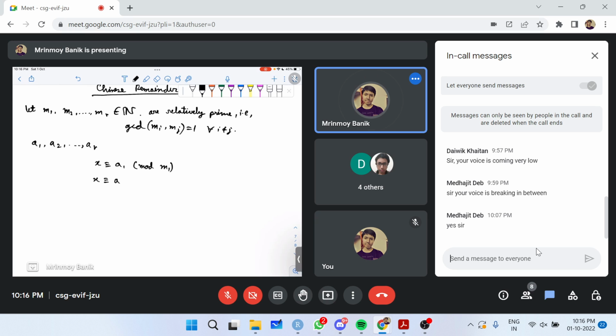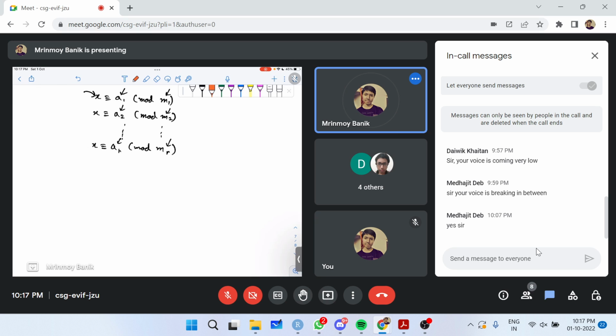Another condition is X is congruent to A2 mod M2, and so on up till X is congruent to AR mod MR. X is the number that we want to find. It's unknown. These are the conditions that we have. So X must give remainder A1 when divided by M1, remainder A2 when divided by M2, and so on up till remainder AR when divided by MR.